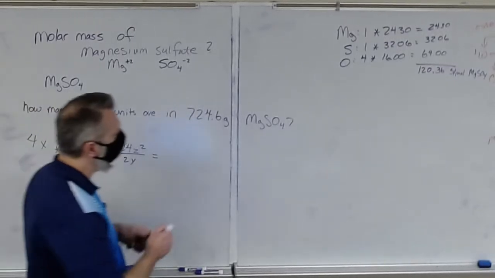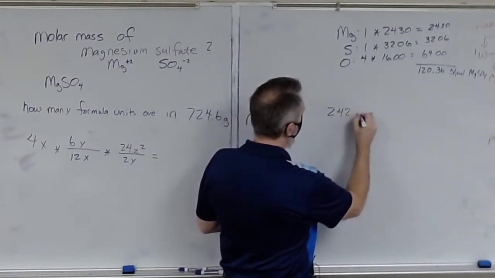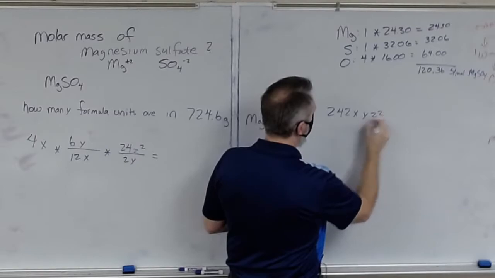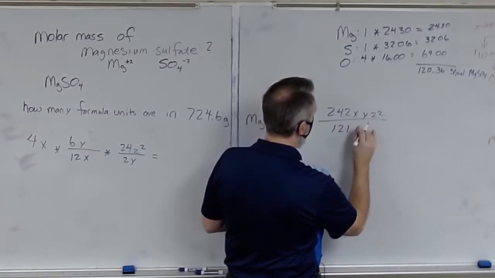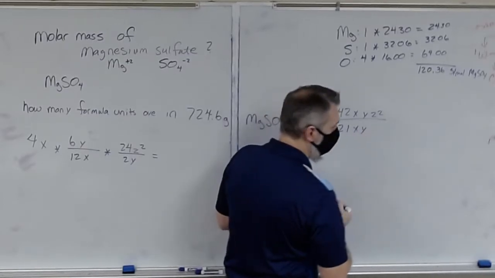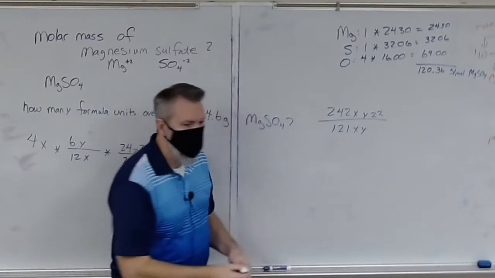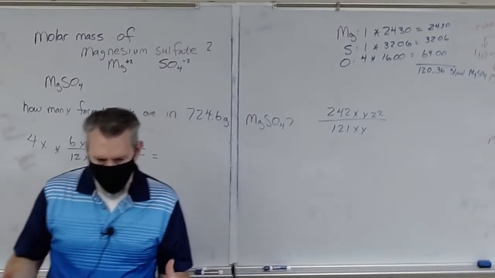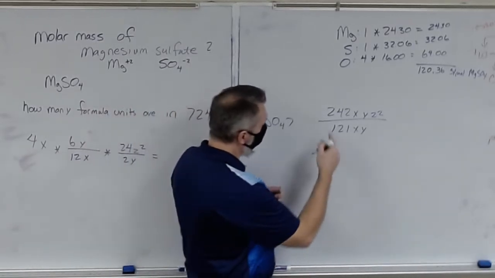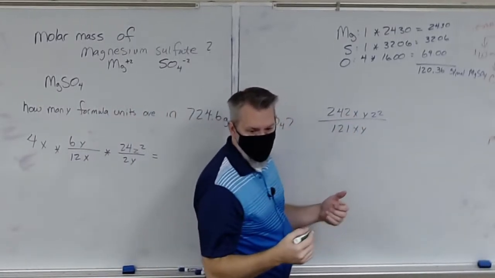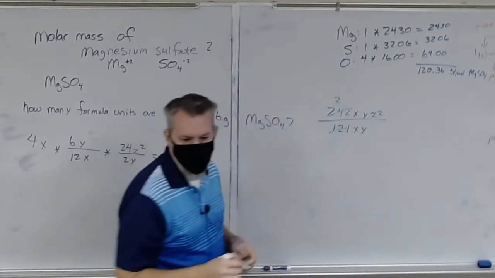Now when I'm doing math, if I end up with an answer that is 242xyz squared over 121xy, what are some things I could do to make my life easier? I could do 242 divided by 121, which is going to be what? 2. I could get you a 2 here. What else could I do?